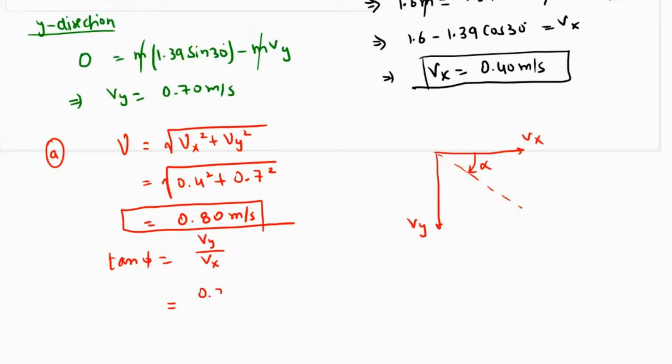So vy is 0.7, vx is 0.4. This is tan of phi. So the value of phi from here comes out as tan inverse of 7 over 4, which is 60.26 degrees.